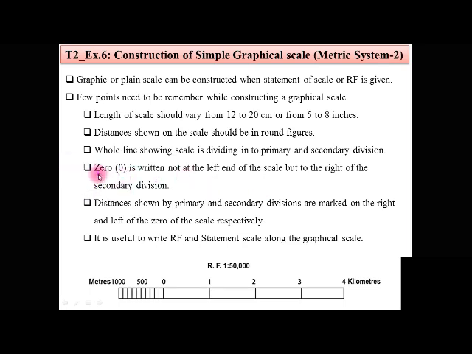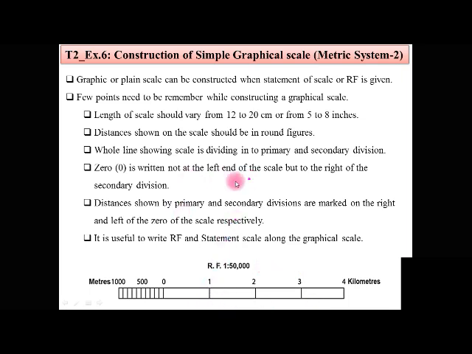Most important third point is here, that 0, which is the beginning point of distance, should start at the end of the first primary division. It should be put here, and then 1 and so on, whatever the distances as per your calculations about the division, that you have to put.